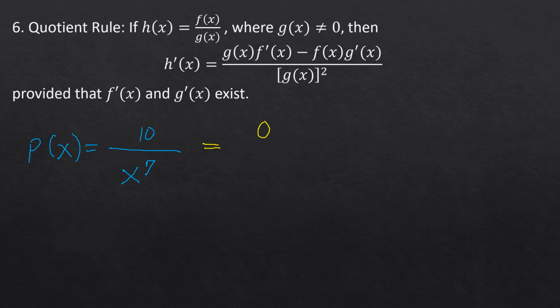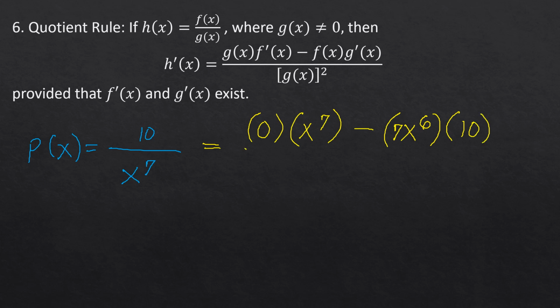So we have 0 times the denominator x raised to 7 minus the derivative of the denominator, x raised to 7, which is 7x raised to 6, following the power rule, multiplied to the numerator 10, so times 10, divided by the square of the denominator, x raised to 7 quantity squared.